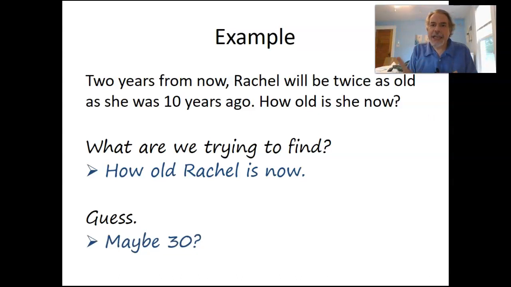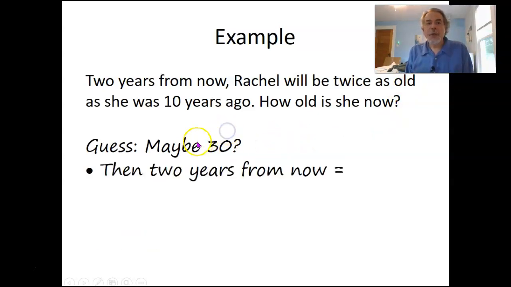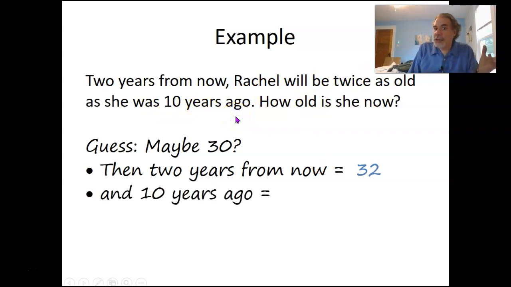And then check and see if that guess really fits what's going on in the problem. Okay, so if she's 30, 2 years from now, she will be what age? 32. And then we're talking about 10 years ago. If she's 30 now, 10 years ago, she would have been 20.